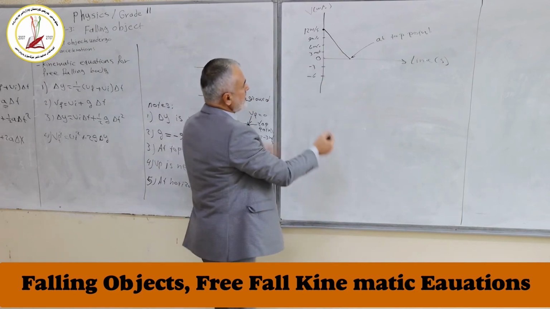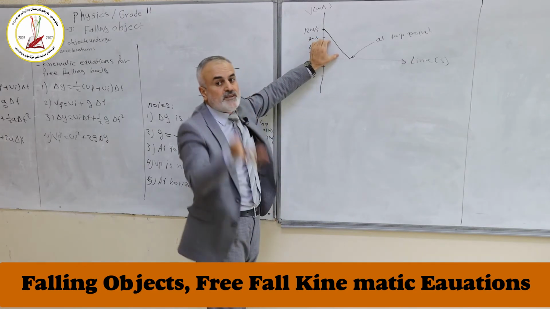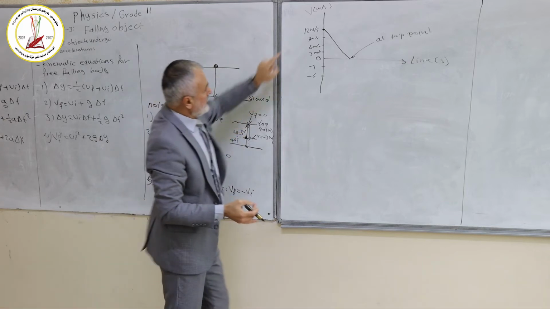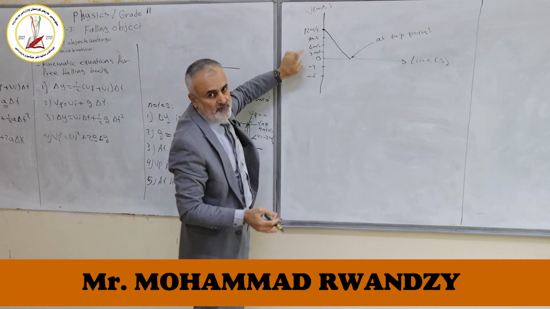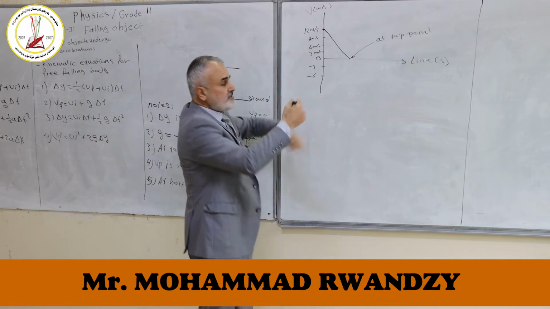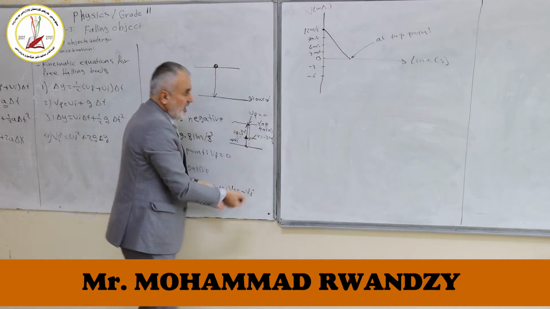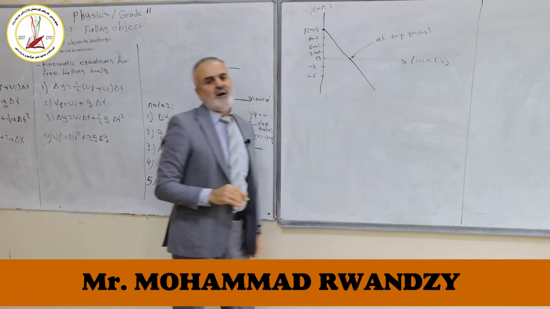Okay, now after that, this interval, student, is for moving up. The velocity decreases from 12 to 9 to 6 to 3, and after that to 0 at the top point. After that, it changes its direction and moves down. Here, this interval is for moving down.